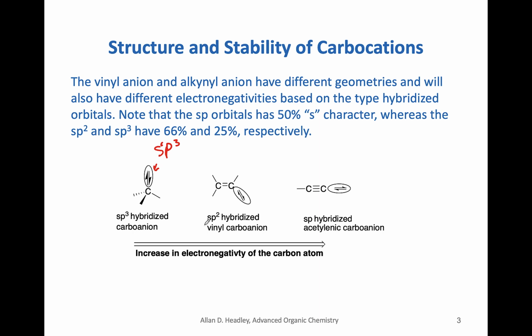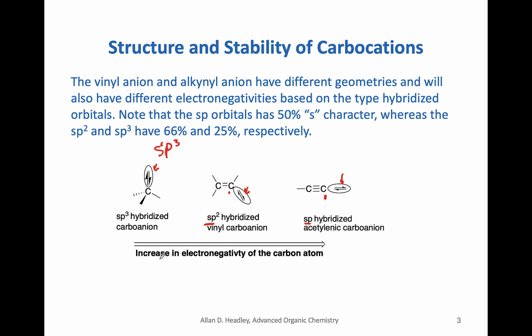This would have to be an sp2 hybridized carbon right here, in which the electrons are in an sp2 hybridized orbital. Let's look at the acetylenic carbanion, which is the carbon of a carbon triple bond right here. You will recall this carbon here is sp. So the electrons here are in an sp orbital.